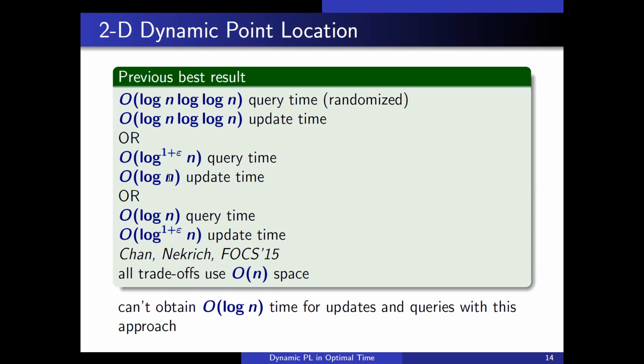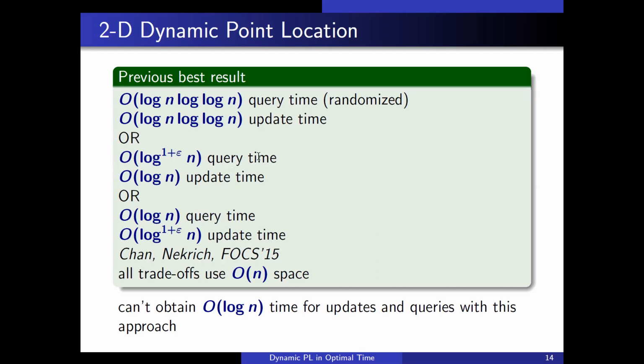And vice versa. So if we want to achieve log n query time, log n update time as here, then the number of colors associated to each node will be log^epsilon n. And the query time will have to grow by this factor, and it will be like this.